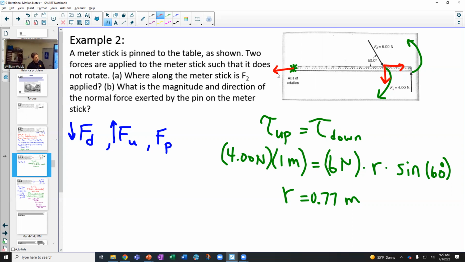So to know that, we really need to figure out the X and Y components. And if you just plugged the sine 60 into that equation and never actually found the components, you would need to do that at this point. So let's go ahead and find what is this Y component of the 6 newtons and what is the X component of the 6 newtons.